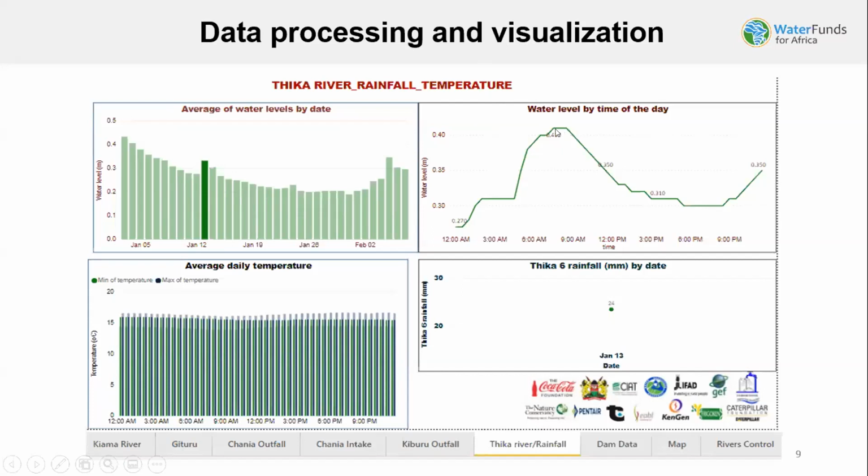So if the gauge readers' data was to be taken into account here, the manager would assume that yes, it is a good time for us to close the outlets of our reservoir so that we can have more water filling in the dam.